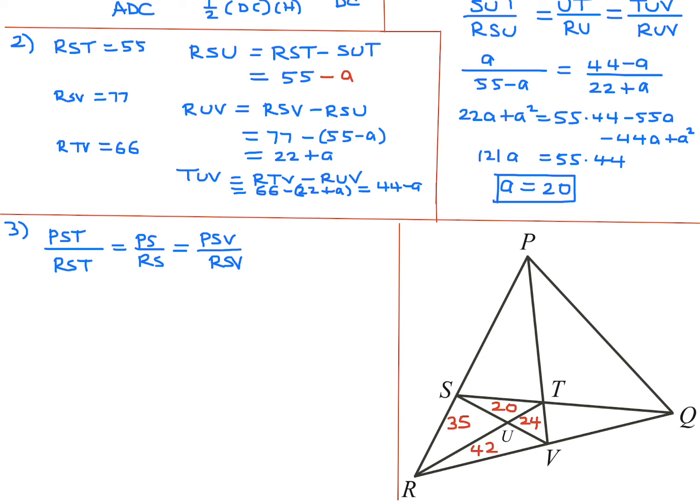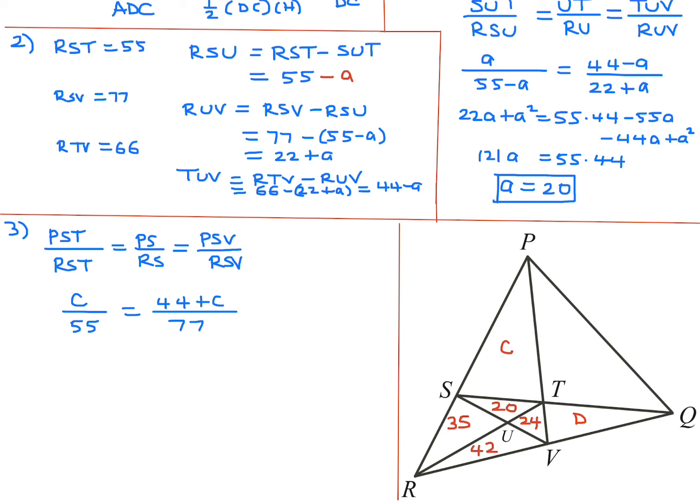What I'm going to do is, just as before, introduce some variables. This triangle I'll call C and D for their areas. So PST is C, RST will be 35 plus 20, which is 55. And then going over on this side, PSV, that's going to be actually 44 plus C. And then RSV, that's going to be 77.